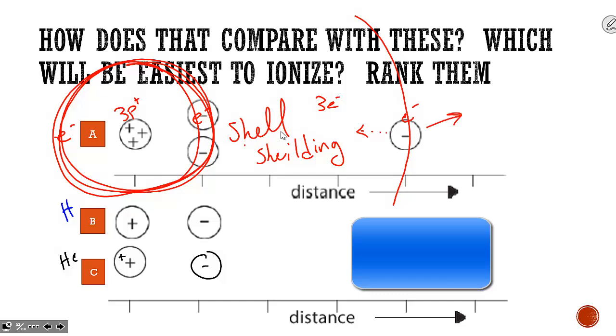So when I pump this atom of lithium with energy, that inner shell, those core electrons, the ones near the nucleus, shield the nucleus, and the electrons on the outside, the valence electrons, absorb that energy, move faster and faster until they are bounced out. So that's why lithium requires less energy than the other two examples.